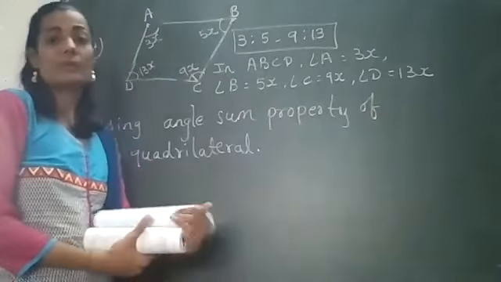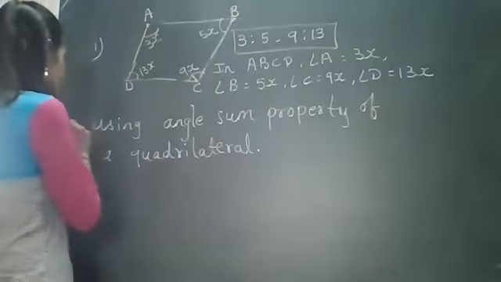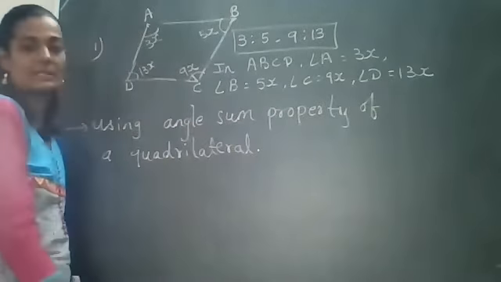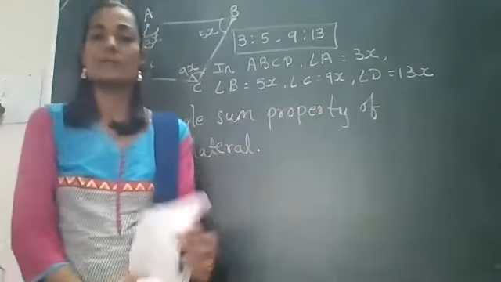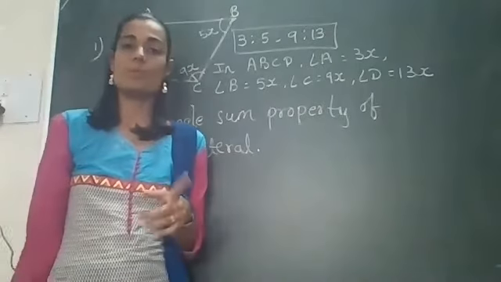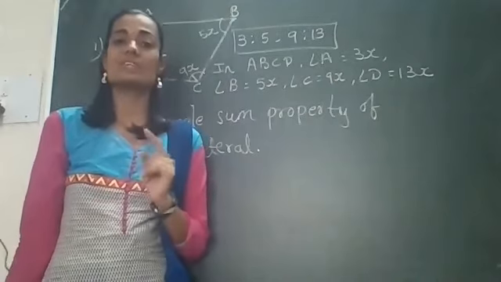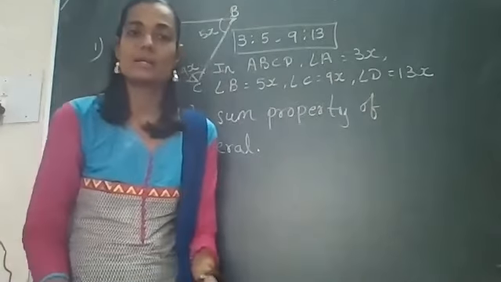Okay, now what will we do? Now we are using the angle sum property of a quadrilateral. What is the angle sum property? The sum of the four angles in a quadrilateral is 360, right?